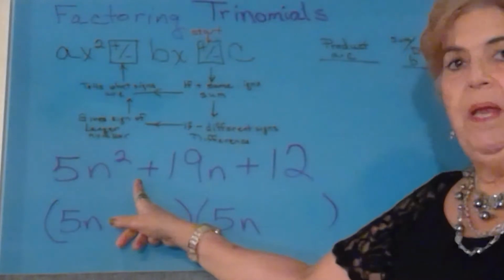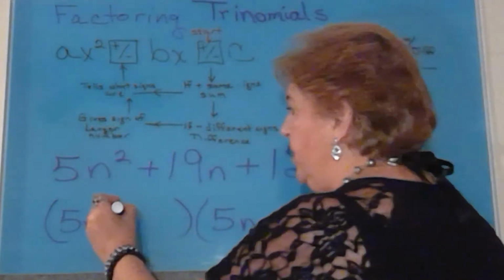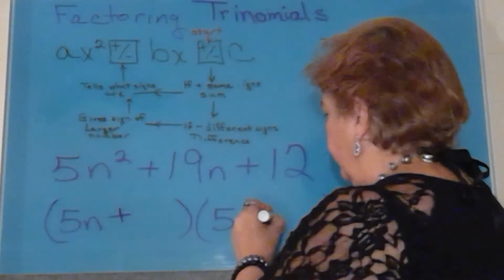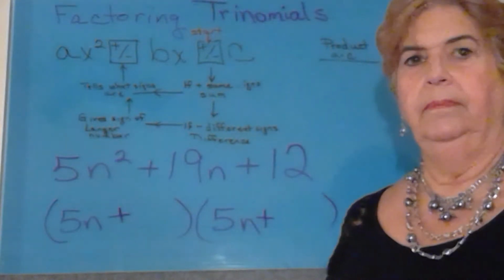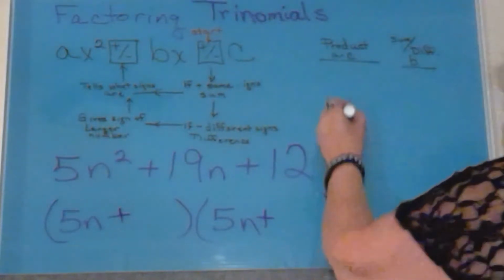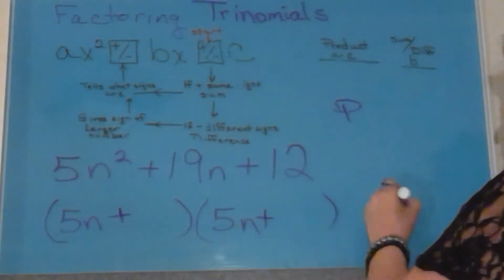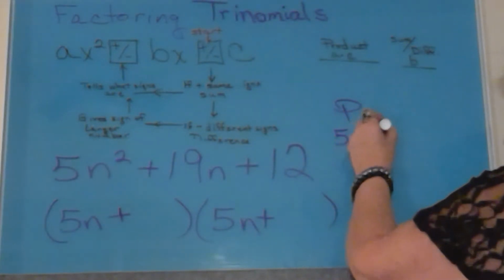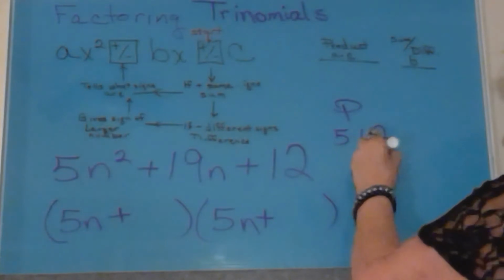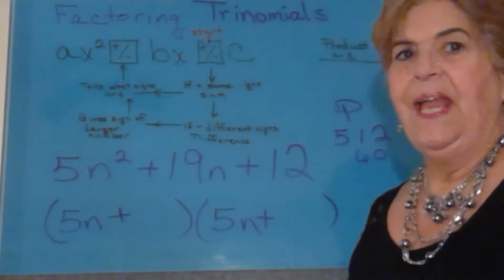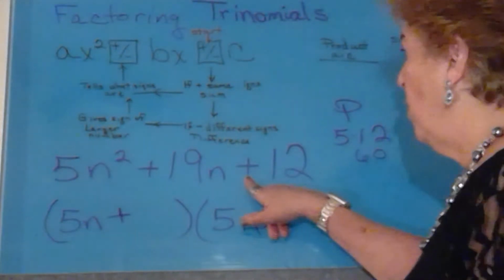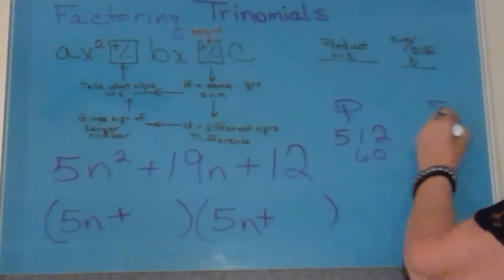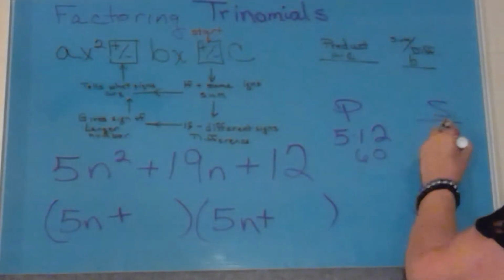And this plus tells me they're both going to be positive. I'm looking for a product that's the same as 5 times 12, which is 60. And I'm looking for a sum that's the same as 19.